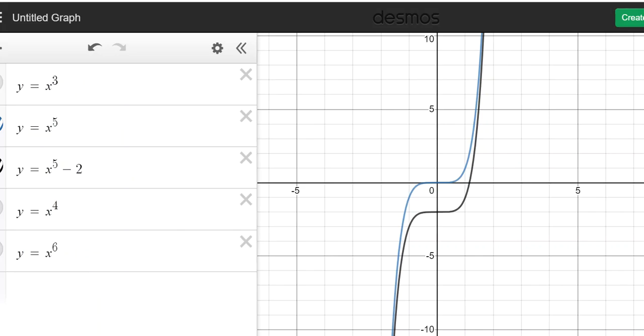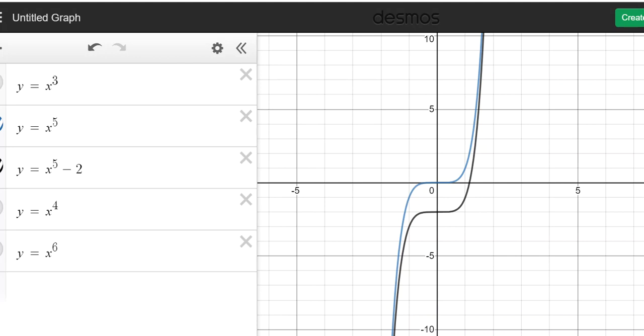The first graph that you were asked to do was x to the fifth minus 2. And I just want to make sure that you're seeing the patterns for this. The blue line right here represents y equals x to the fifth. That's that one that we started with in number 2. And if you can take a look at here, do you see how the origin's at 0, 0? But the one that you just did in 3a has a minus 2 at the end.